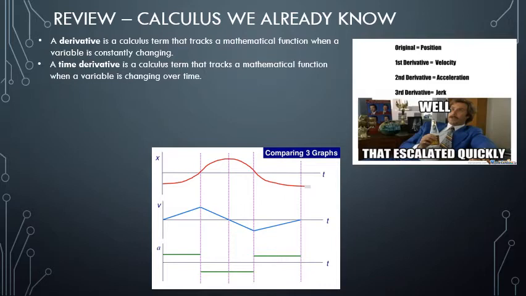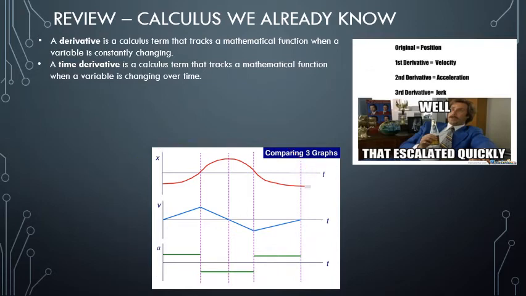Specifically, a time derivative is a derivative for time, so where time is the variable that's changing. The example I just mentioned is not a time derivative, that is a position derivative, where your position is constantly changing. So first off, we're going to focus on time derivatives. You can see three examples here at the bottom, our three graphs.